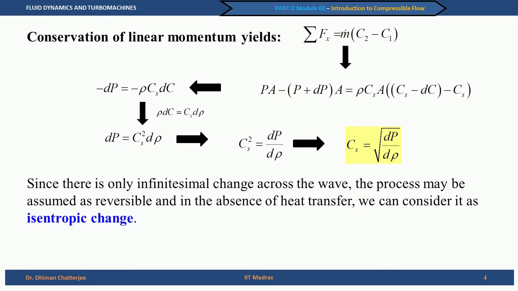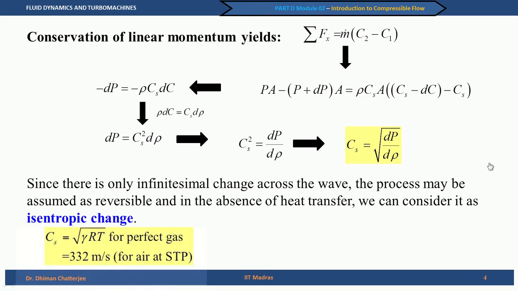We are not talking about any friction and there is no heat transfer. Hence, we can consider the change to be isentropic, or reversible adiabatic. And so, we now know how the pressure varies with density.